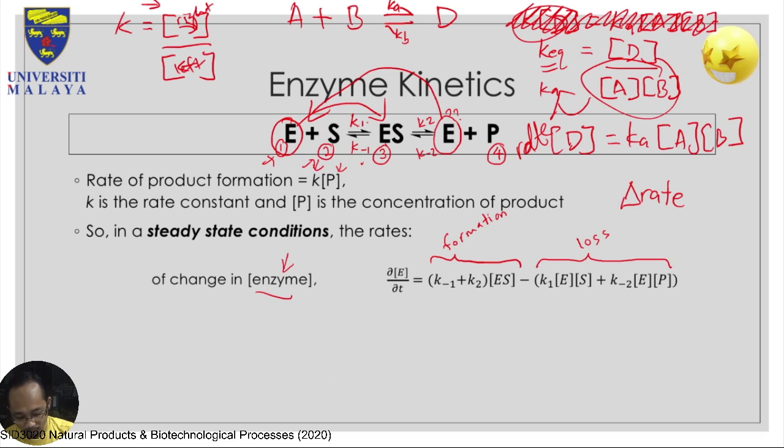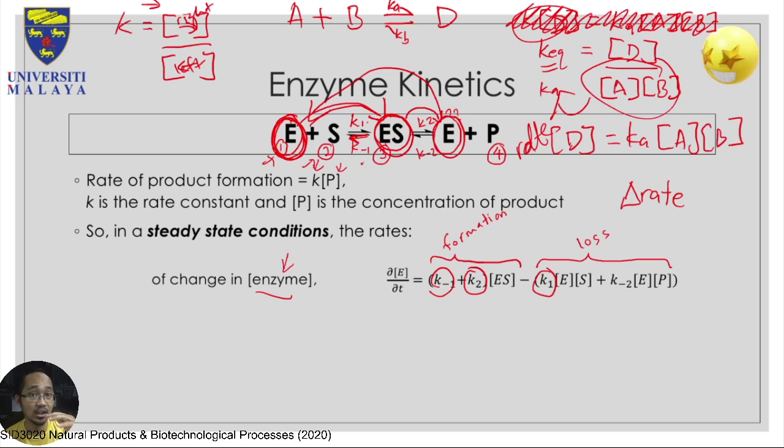The rate of formation is K minus 1, which goes backwards over here, because from ES you are producing more E. K2 is where from ES you are again forming E. And then the loss is K minus 1. Oh, K1, of course, because it's going from E into ES.